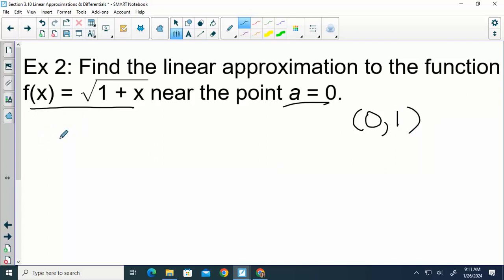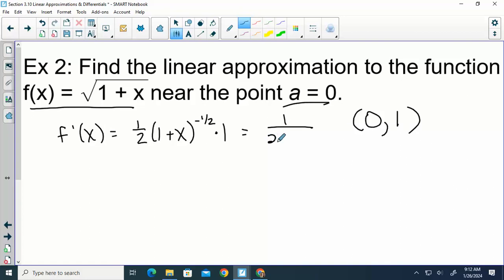All right. To get the slope, we need the derivative. So this is like 1 plus x to the 1/2 power, so 1/2 comes down, inside stays the same, subtract 1 from the power times derivative of the inside. So now what do we do?